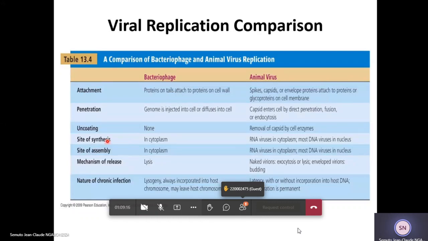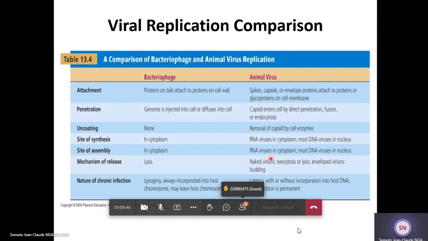The site of synthesis is mostly the cytoplasm for RNA viruses, but most DNA viruses use the nucleus. The site of assembly is likewise the cytoplasm for RNA viruses and mostly the nucleus for DNA viruses. Mechanism of release in bacteriophages is most or always by lysis. It has to be lytic and destroy the host cell.